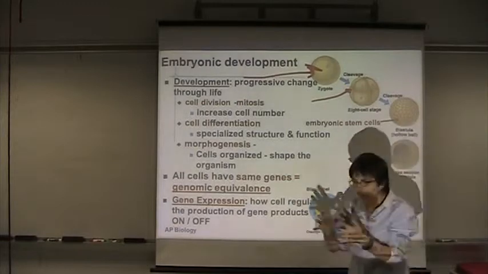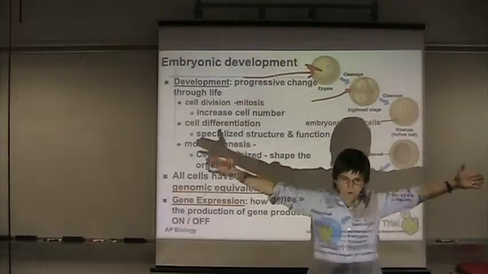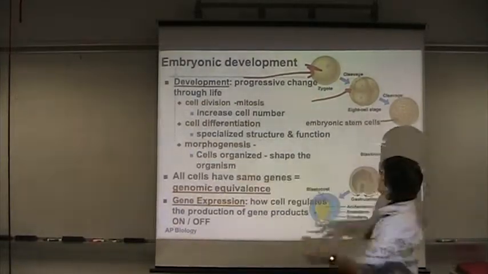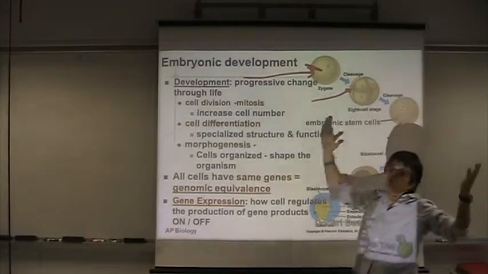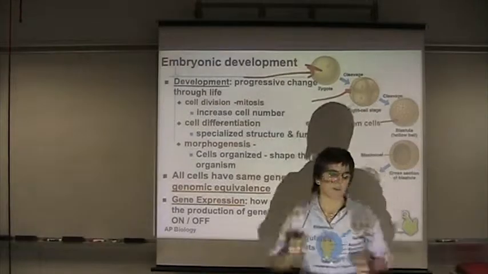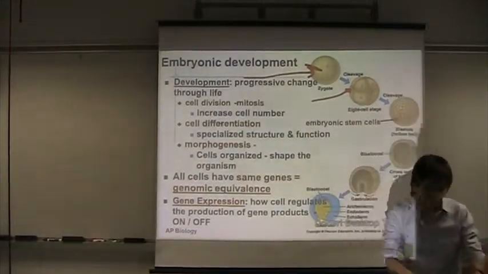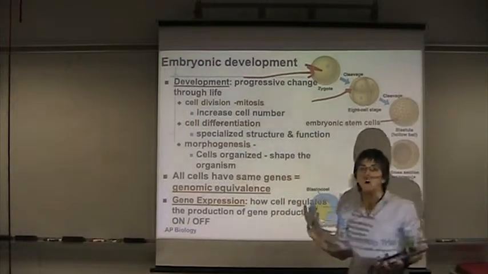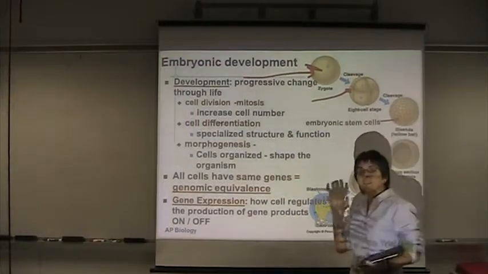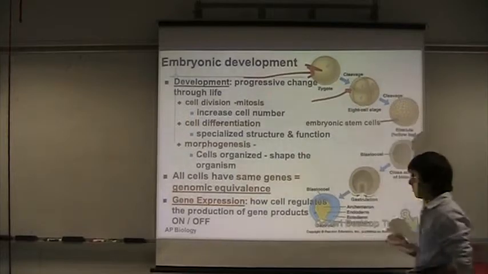So, a very important concept: you go from having all your genes totally available, and that's why we love these embryonic stem cells, to having differentiated cells, which means most of their DNA can be turned off, and only the DNA that they need remains on.